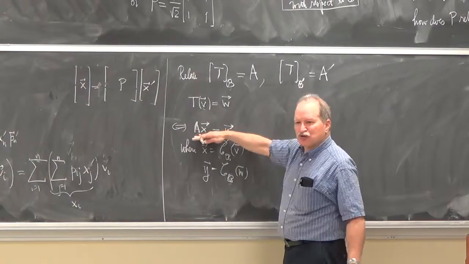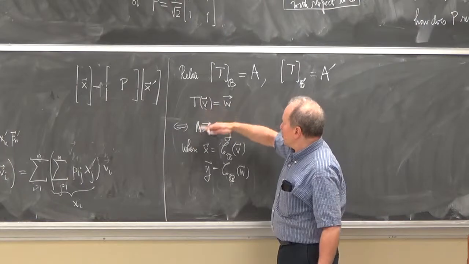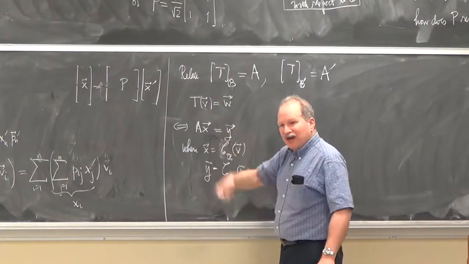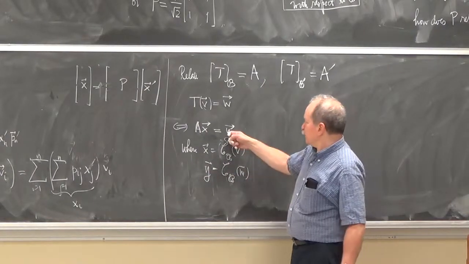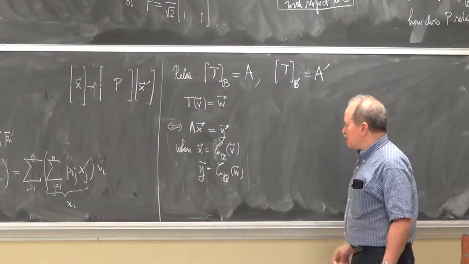This is what a matrix representation means. If you think back to what we did way back in chapter 1, we were saying multiplying the matrix by the coordinates of your vector tells you where that vector gets sent by the linear map. That's this equation.